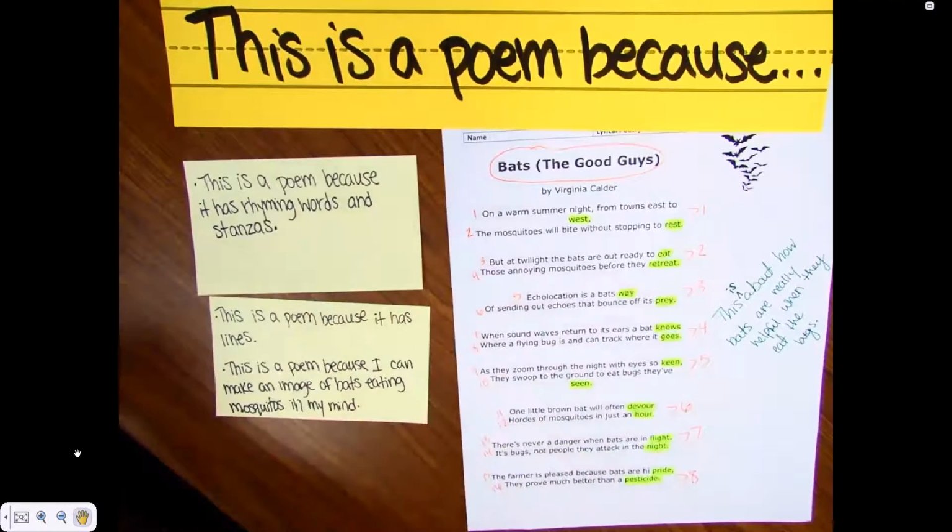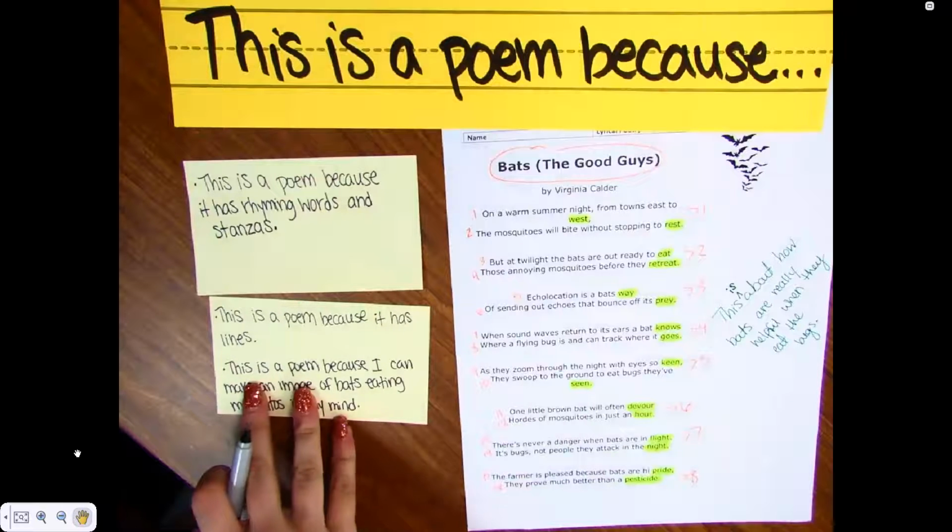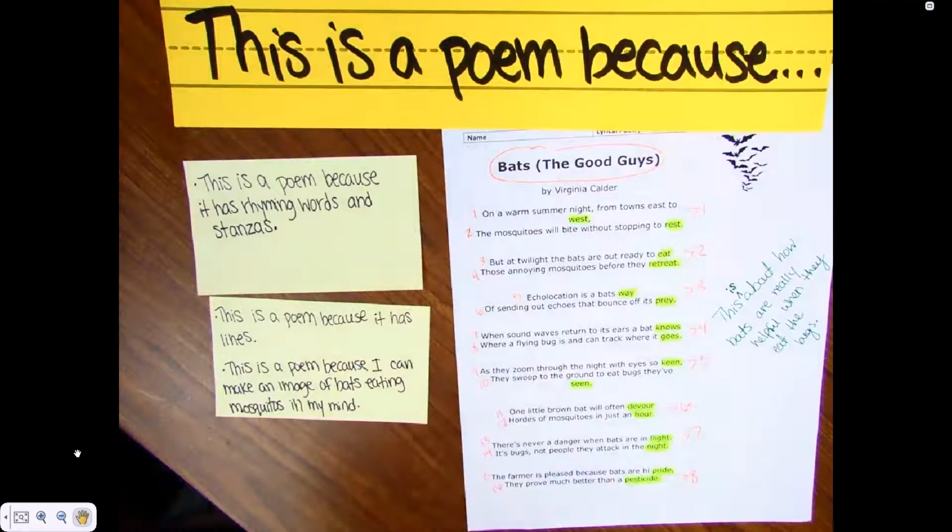Okay. And I loved how you really used evidence from the story, because you even used how we pictured the bats eating the mosquitoes. So I gave a lot of really good details.